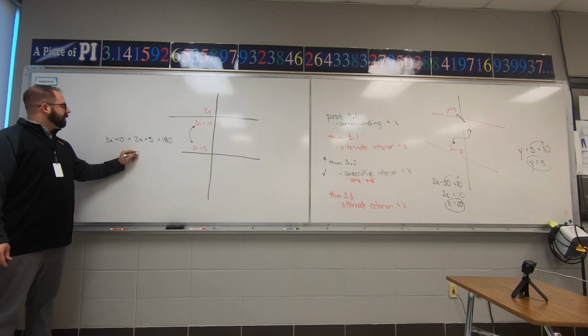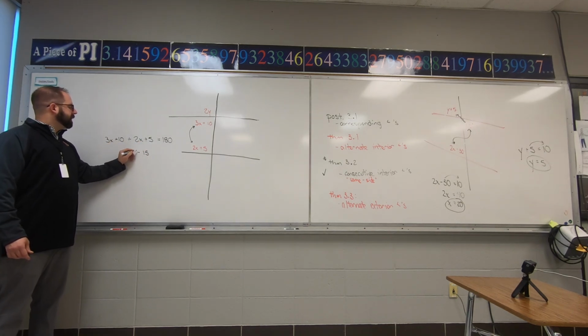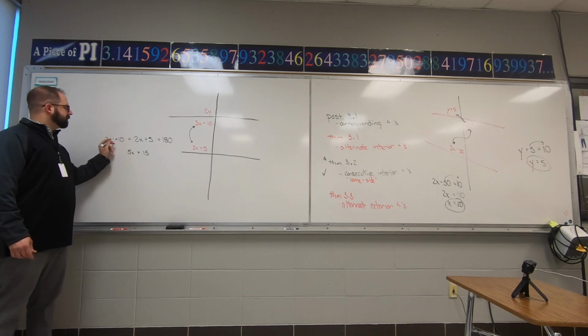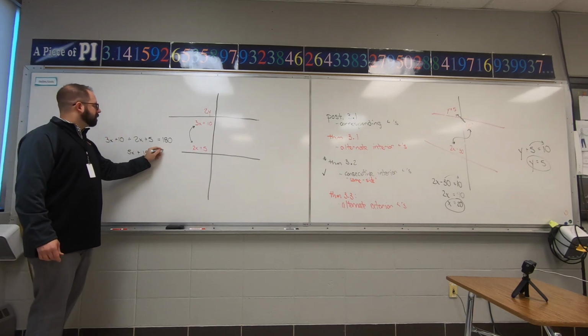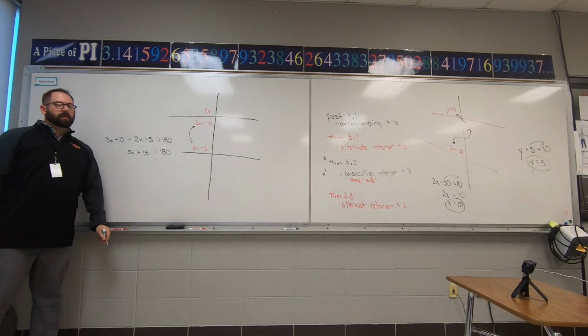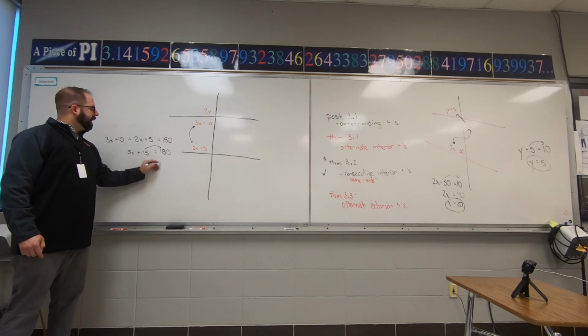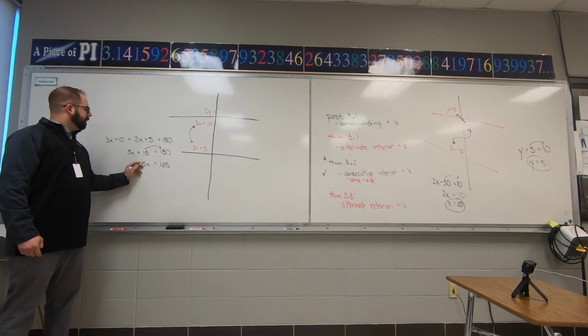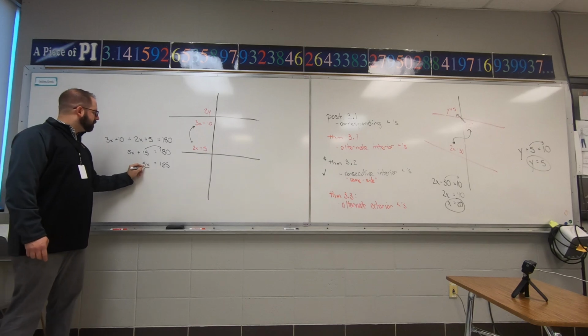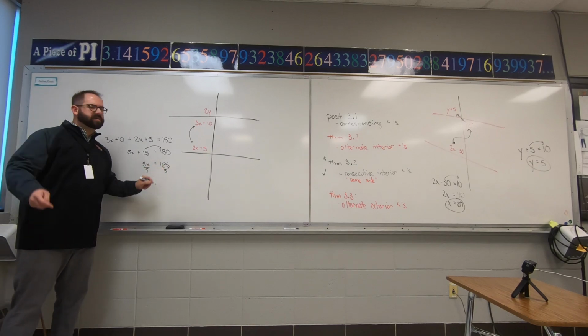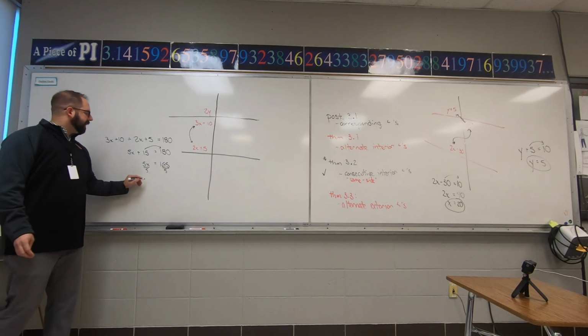So adding these together, this makes 15 and 5x, right? Add the x's, add the 10 and 5 together. I'll subtract this across, so I get, what is that, 165? And then divide by the 5. So divide by 5, divide by 5. Remember, you always add and subtract first, then divide last.